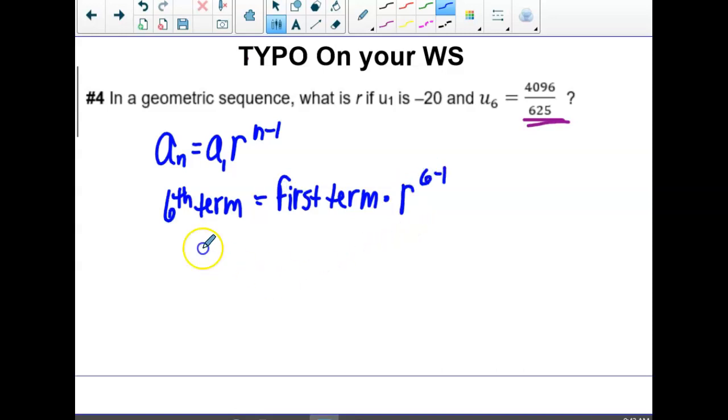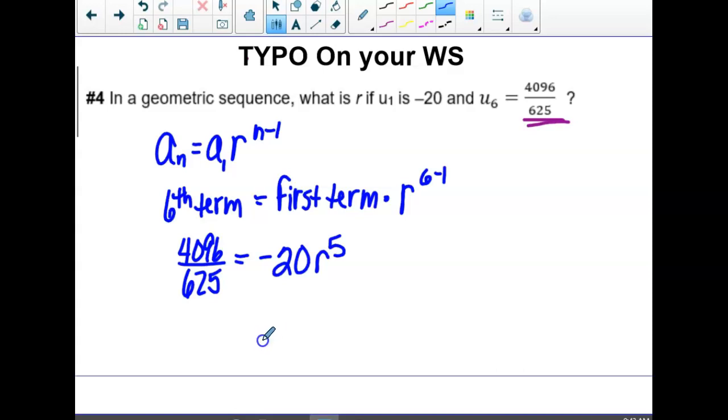So what is the 6th term? Lovely, 4096 over 625 equals, are we trying to find the first term or do we know the first term? We know the first term is negative 20, but then it's times R to the, be careful, 6 minus 1 or 5th. All right.